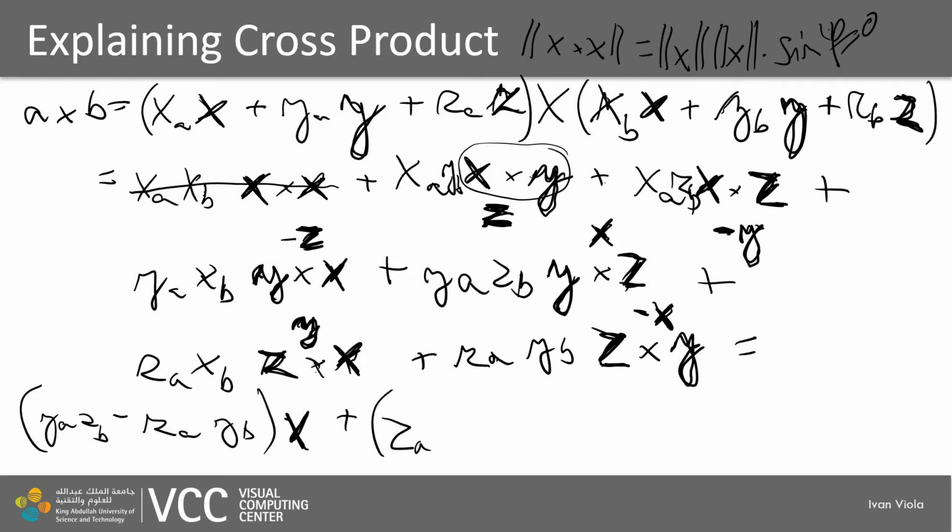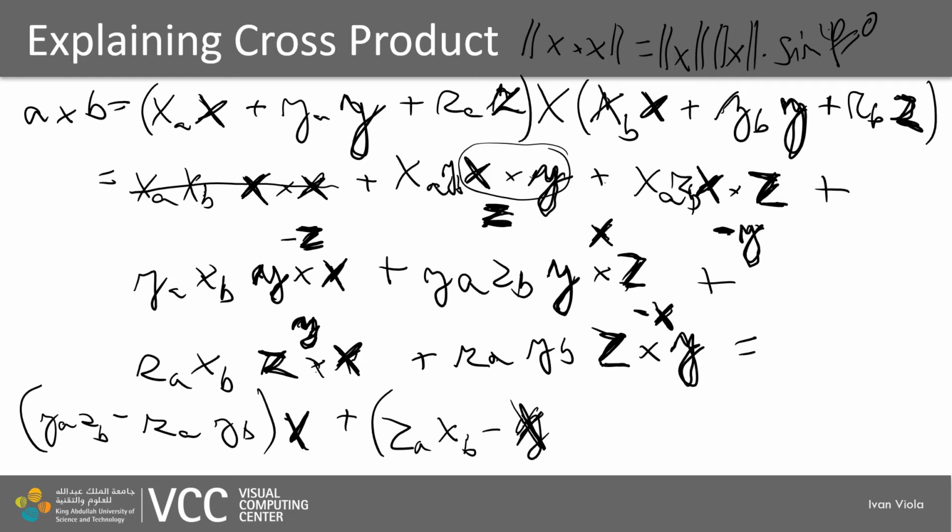ZA XB minus, so this is here, YA, oh, but this, oh, sorry, minus y. Where is minus y? This is minus y.